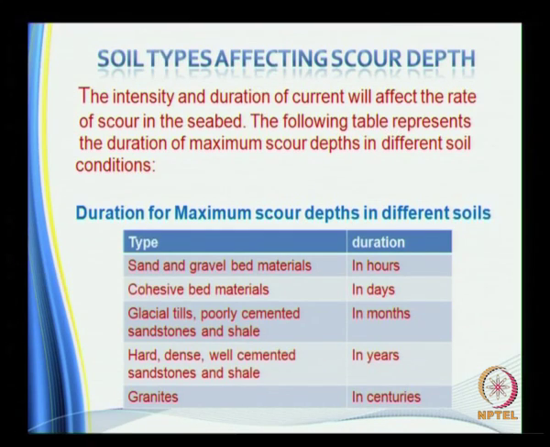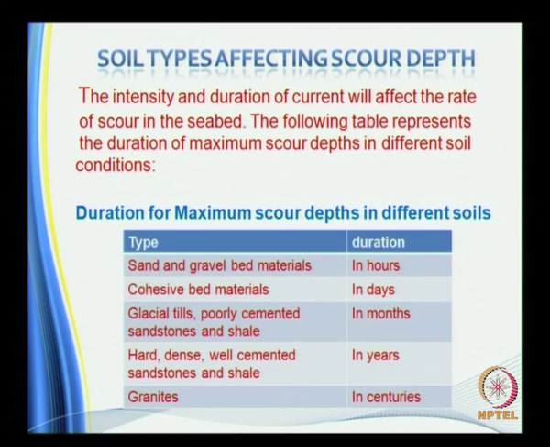Soil types affecting scour depth. The intensity and duration of current will affect the rate of scour in the seabed. The following table represents the duration of maximum scour depths in different soil conditions.